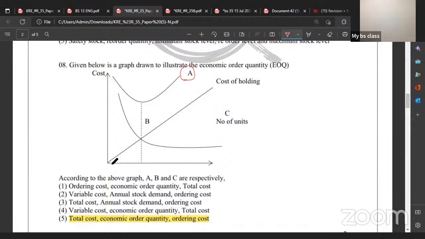Yes, here you have this line which represents the cost of holding. Why? Because when your number of units increases, the cost of holding also increases. So that is fine.